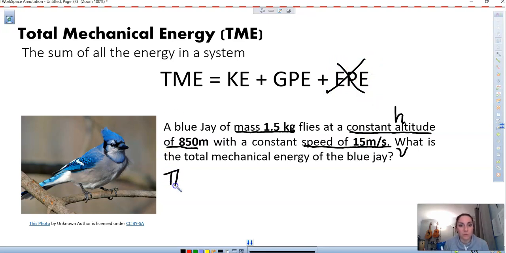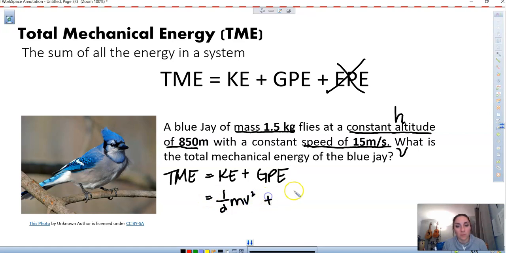So if I wanted to find the total mechanical energy, I'll just write this first: it is the kinetic plus the gravitational potential, which then becomes the following equation.